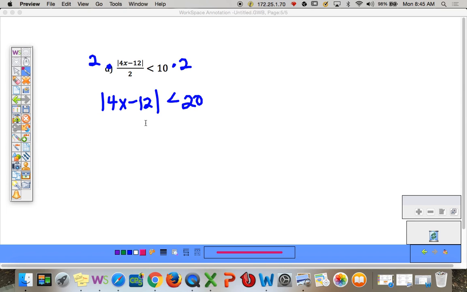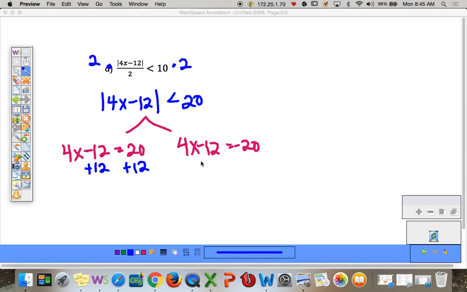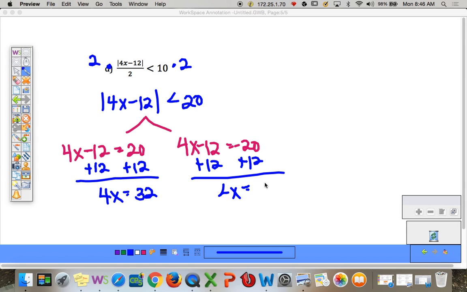Now we can split it up into the plus and minus. So 4x minus 12 equals 20, and 4x minus 12 can equal negative 20. And we'll add 12 to each side. So we get 4x equals 32, and we get 4x equals negative 8.